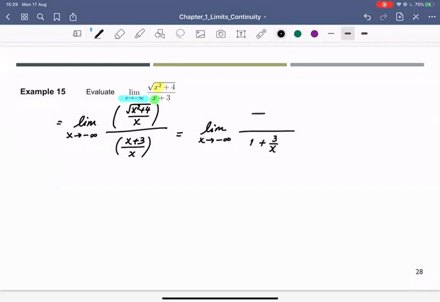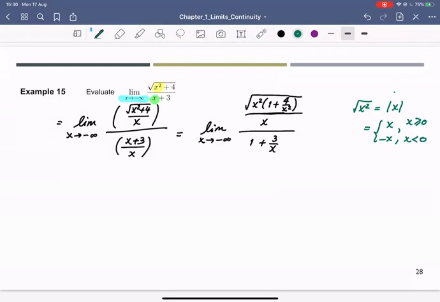On the top, I will pull out x squared, and from that I have square root of 1 plus 4 over x squared. And what should I do about the square root of x squared? The square root of x squared is the absolute value of x, which is going to be plus x or minus x, depending on the value of x.